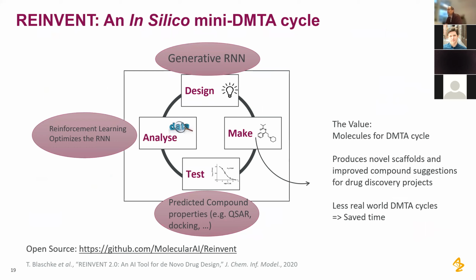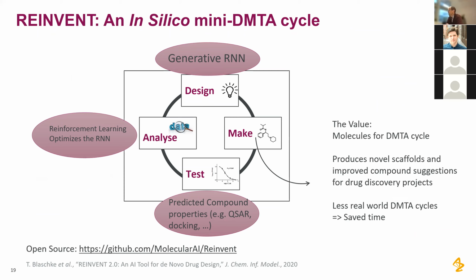So to return to the reinforcement learning, it is a kind of conceptual in silico mini-DMTA cycle, because we have taken the design phase and put in the generative recurrent neural network here.